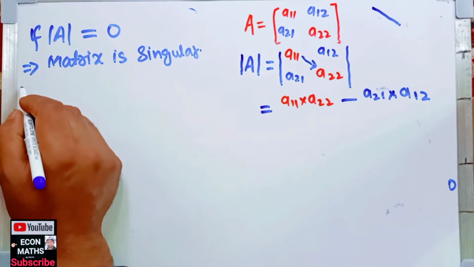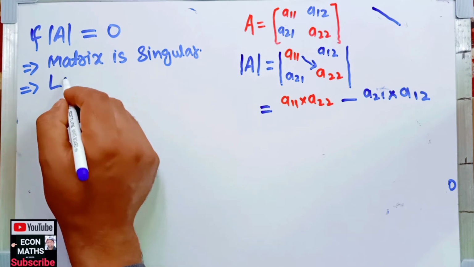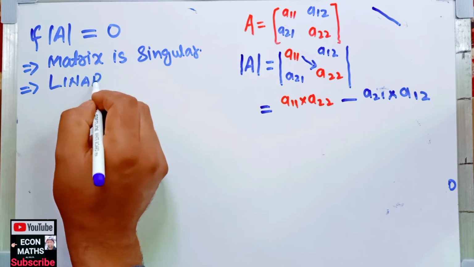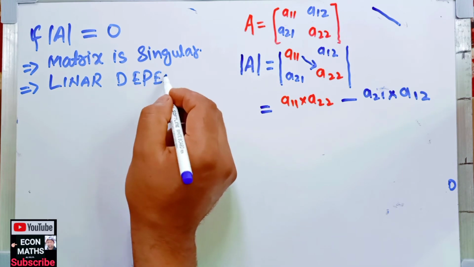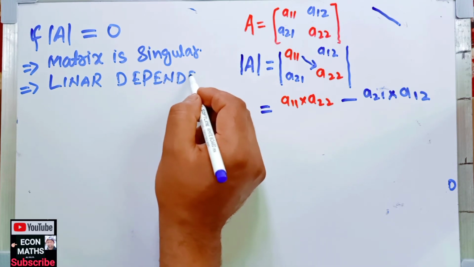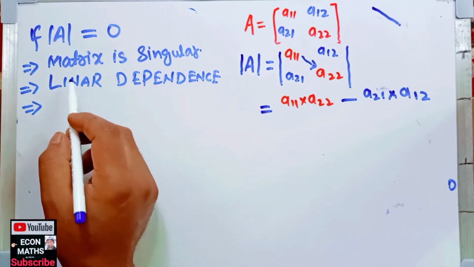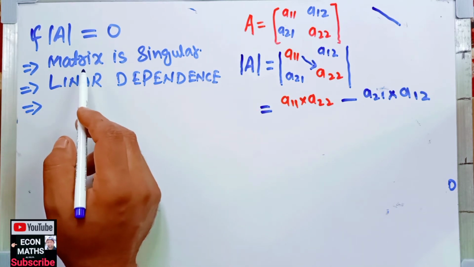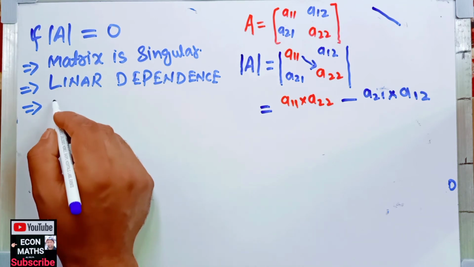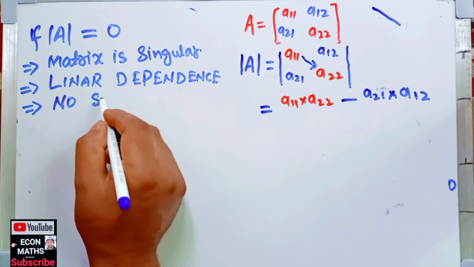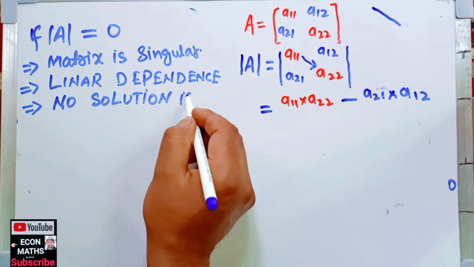Now if the matrix is singular, means there is linear dependence. That means the system of equations has infinite solutions, or we can say no solution is possible.